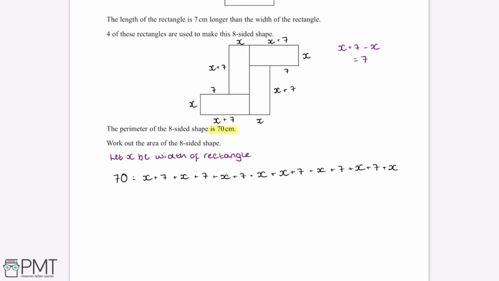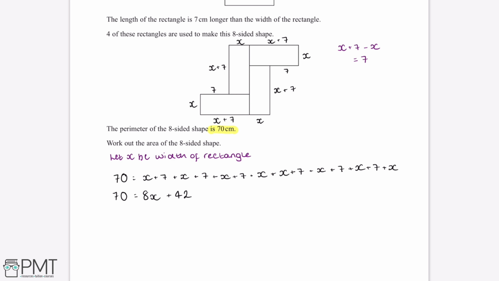And now what we want to do is simplify down all the x terms and then all the numerical terms. If we count the number of x's we have 1, 2, 3, 4, 5, 6, 7, 8 x's. So 70 will be equal to 8x, and if we add up all the numerical terms, we have 6 7s, so the perimeter of this shape will be equal to 8x plus 42.